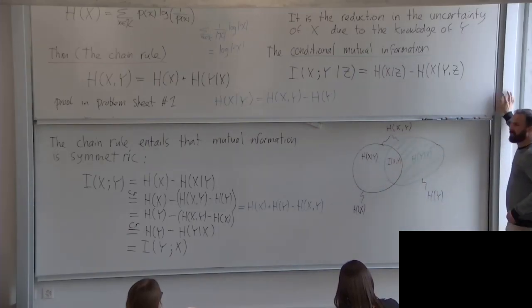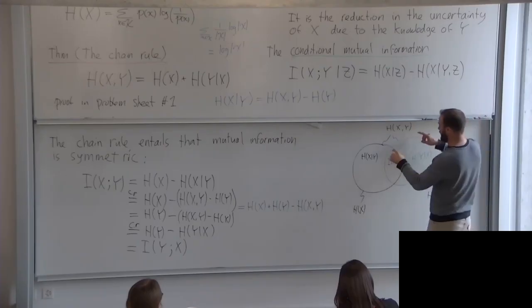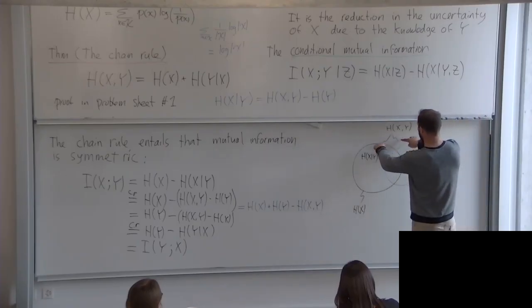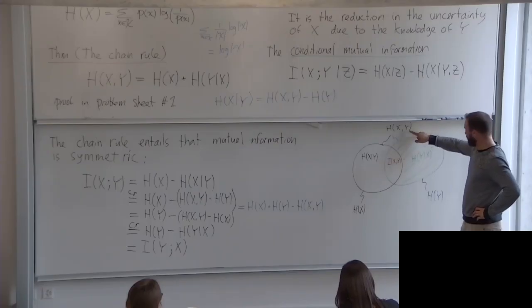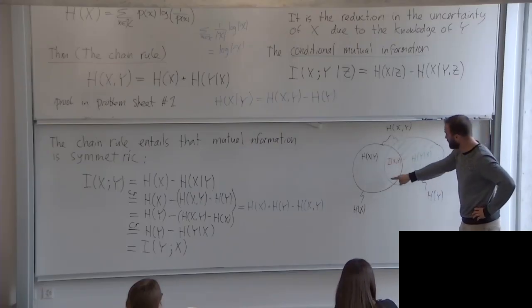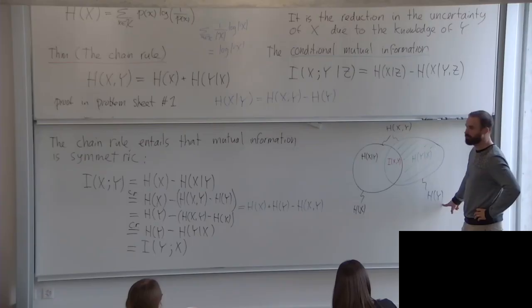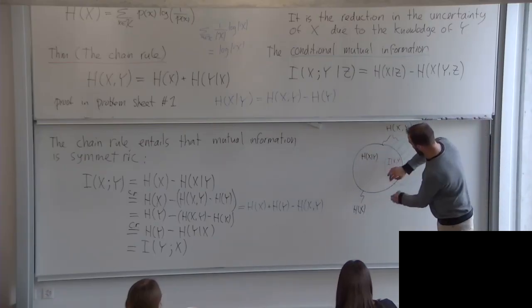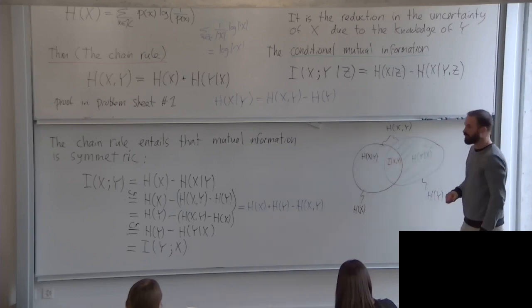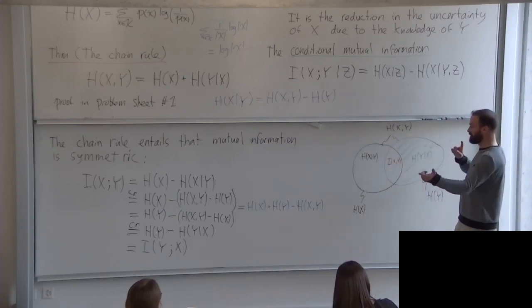So why am I writing all of this? It fulfills the algebra. That's just the basic idea. Why does it do that? Well, let's check. If I claim that the whole is h of xy, I can express the whole as h of y in blue plus h of x given y in black, well, in black except this part. Or I could have done the chain rule the other way around.